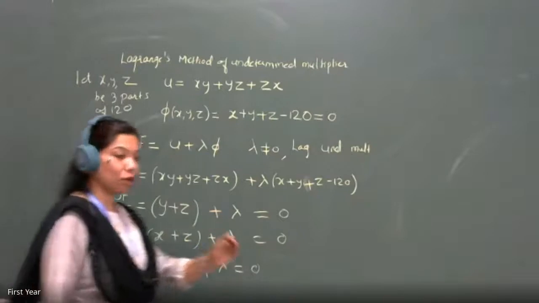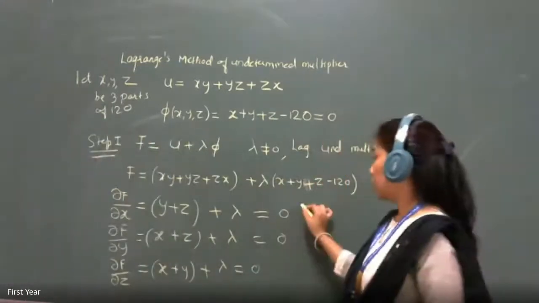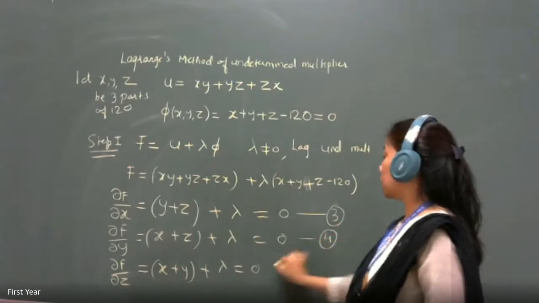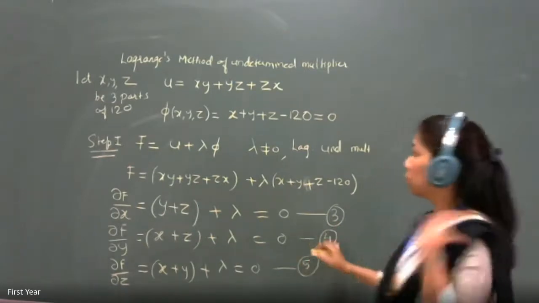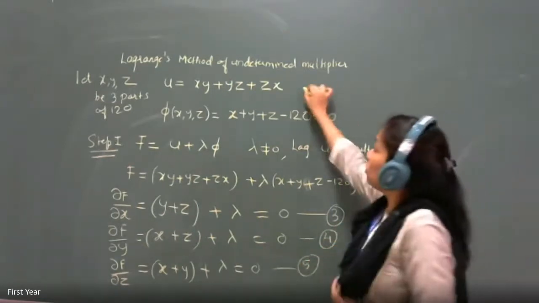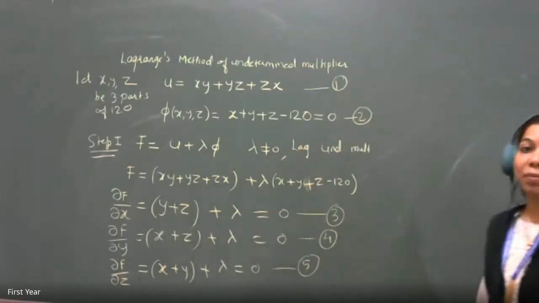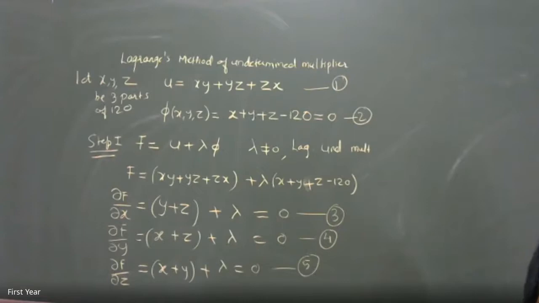Now we have to make use of these three equations. I'll call this 3, this is 4, and this is 5. U is the first equation, and phi is the second equation. So we make use of 1, 2, 3, 4, 5 to eliminate lambda and get the values of x, y, z so that your U will be maximum.